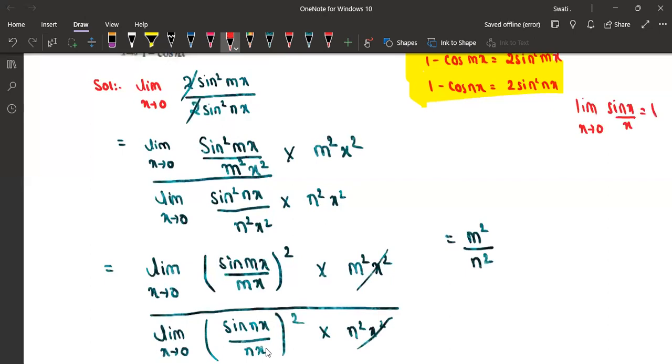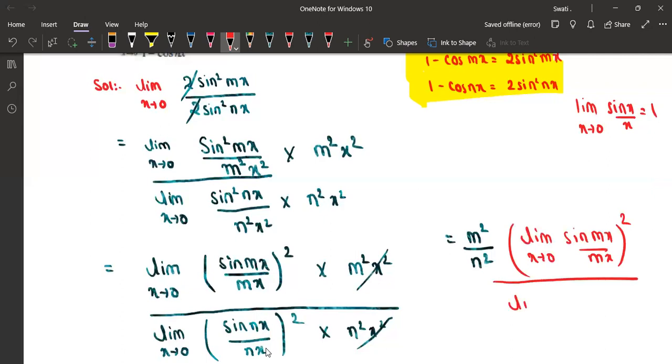So using this formula, the numerator, which you can write as limit x tends to 0 sin mx upon mx whole square, divided by limit x tends to 0 sin nx upon nx whole square, both are going to be 1 only. So this will become m square upon n square times 1 upon 1, which is just m square upon n square. And that's the answer.